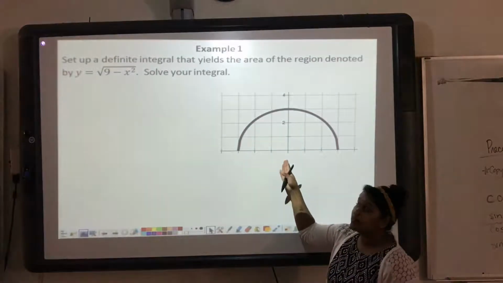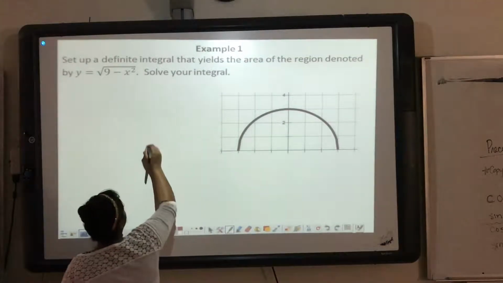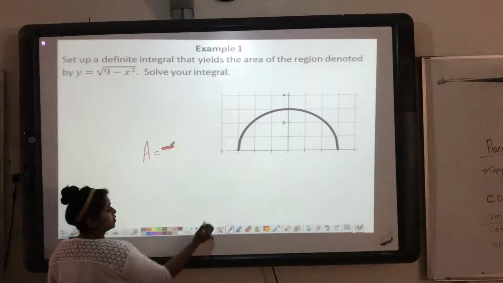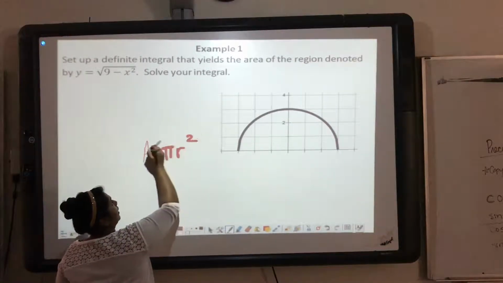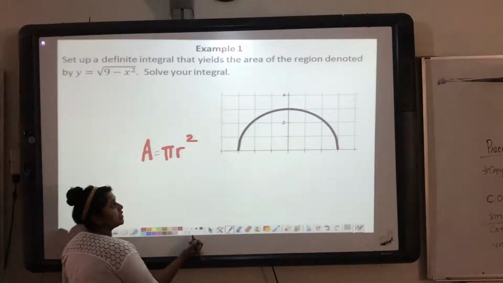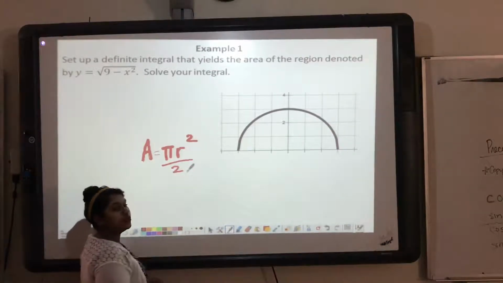Okay, so right now I see a semicircle, so I can look at the area of a circle, which is pi r squared. But we're not 100% with pi r squared because that's the area of my circle. I need the area of my semicircle, so I'm going to divide it by 2.